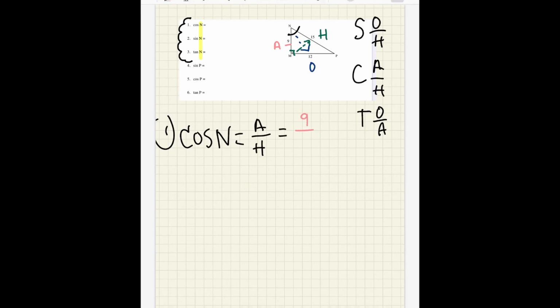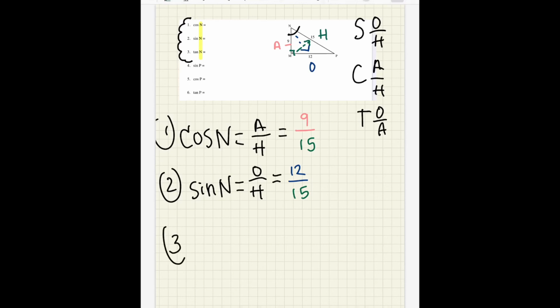9 over 15. Number 2 is asking for the sine of N, which using these trig ratios is opposite over hypotenuse, which is just 12 over 15.